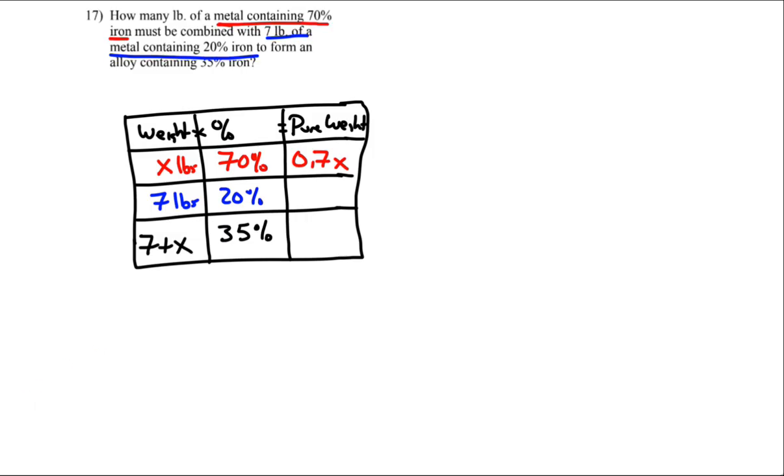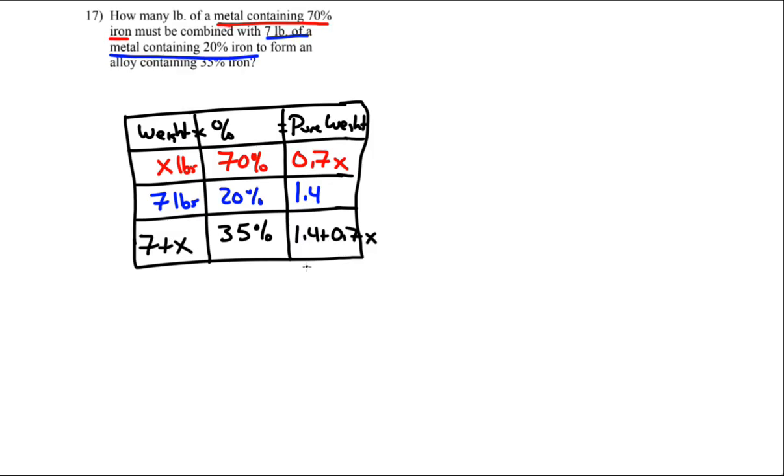And 7 pounds times 20%, that's going to be 1.4 pounds. And so if I add these together here, I'm going to have 1.4 plus 0.7x.